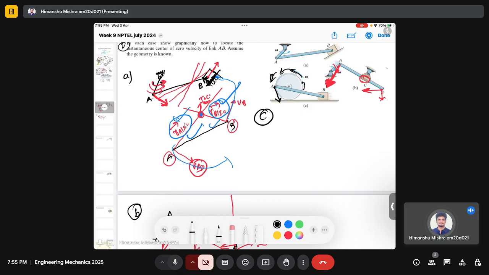And as this is trying to go down, this will go in this way. Sorry, as this tries to go down, this will go in this direction.